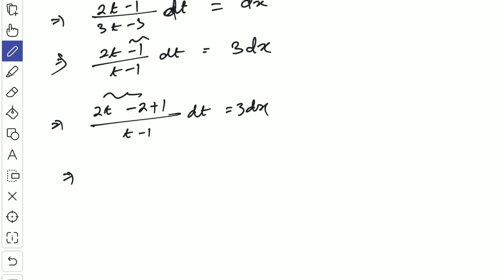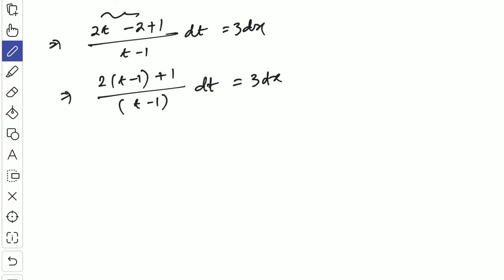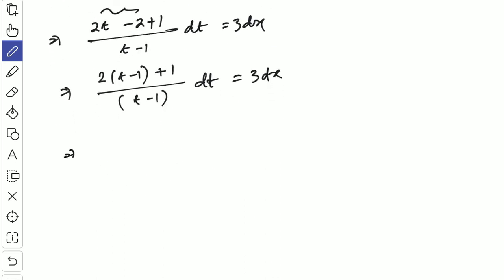From these two terms, if you take 2 common, you will get 2 times (t minus 1) plus 1 by t minus 1, dt equal to 3 dx. Then if you simplify, you will get 2 plus 1 by t minus 1, into dt equal to 3 dx.